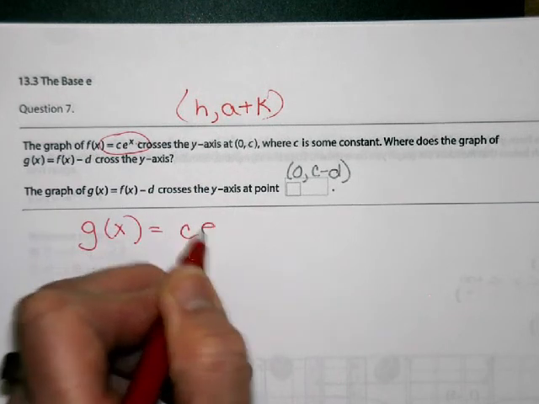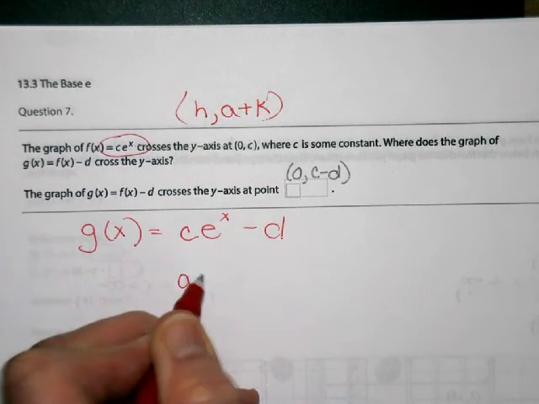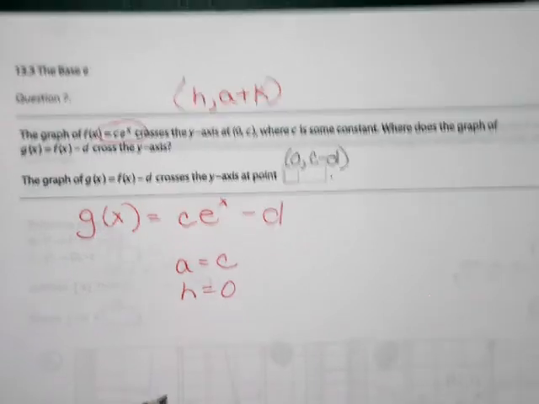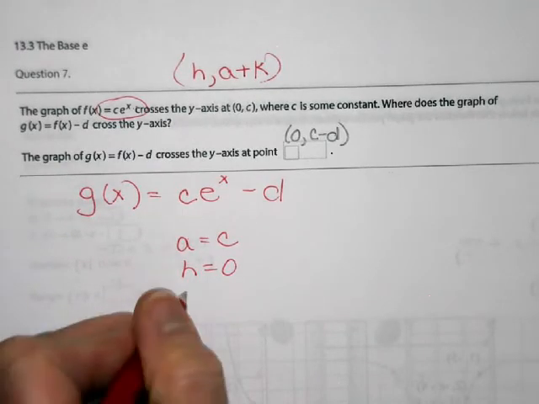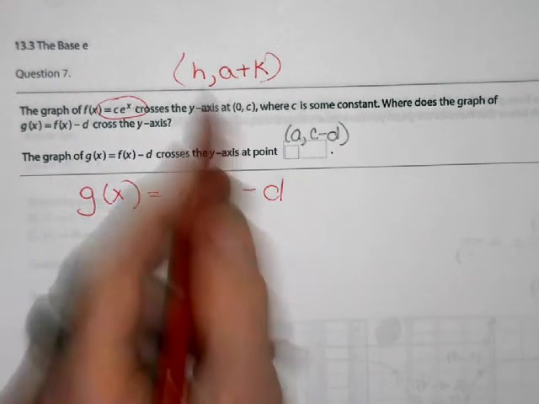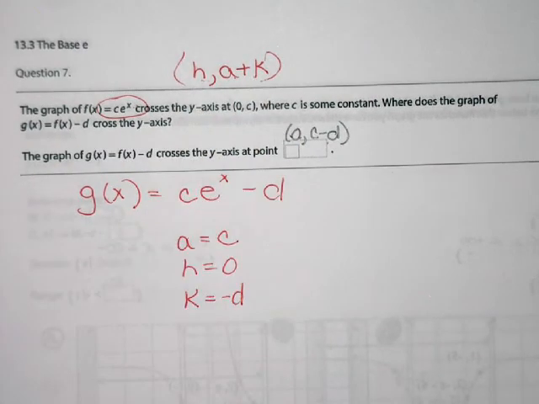That's where I got that. We're looking at this one, and we're putting it in here. So our new one really is C e to the x minus D. So a is C, h is 0, and k is negative D. So up here, I put in 0, C plus negative D.